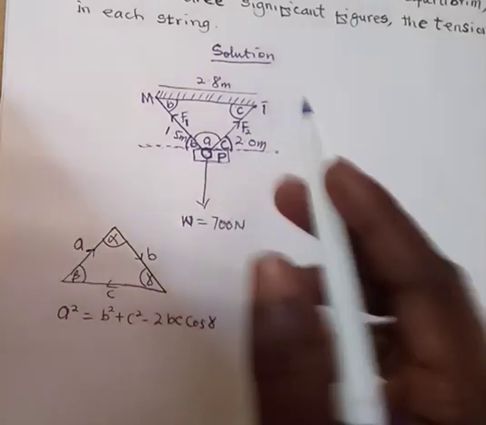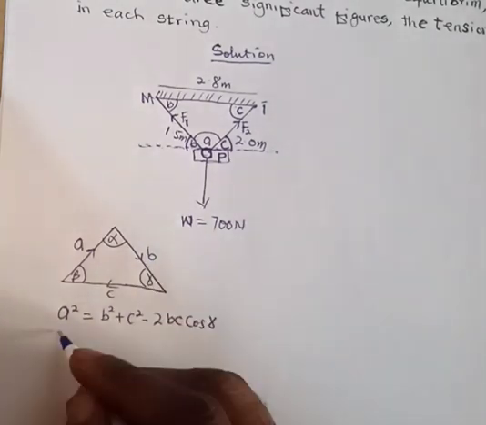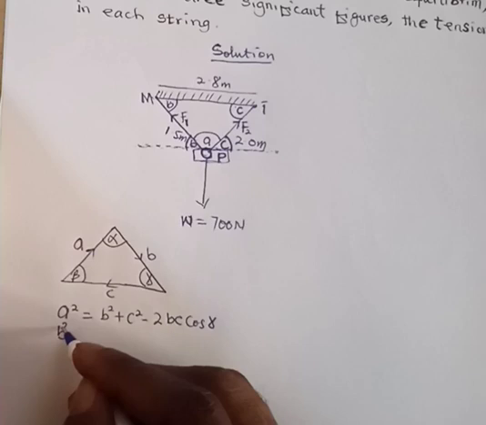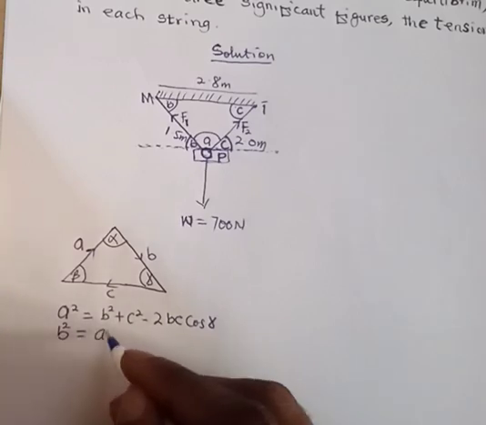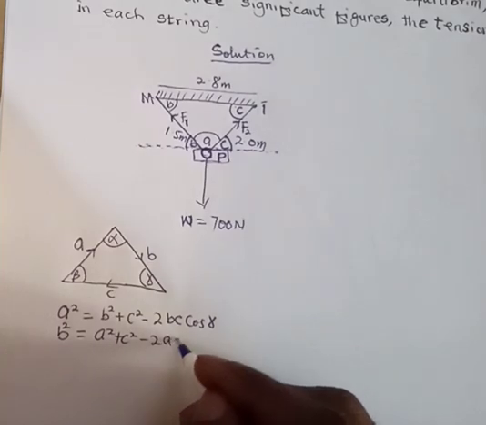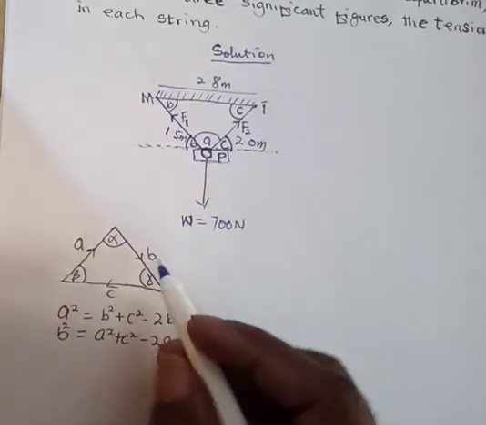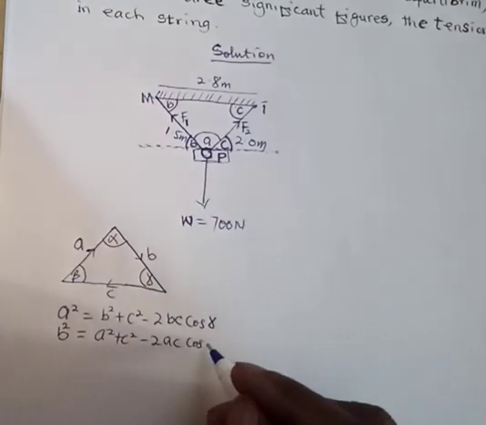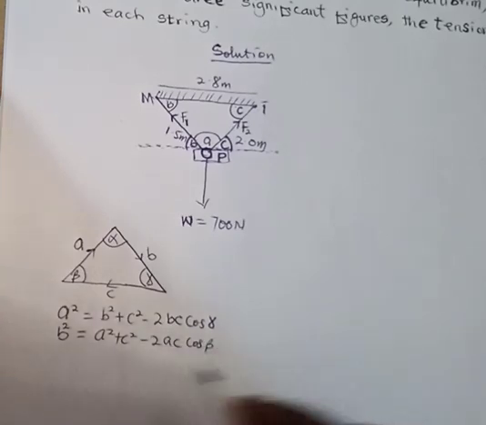So we are going to apply this here. The same thing applies here. If I want to get this, then it will be b squared equals a squared plus c squared minus 2ac cos, and B is opposite to this, so I will write that angle there.